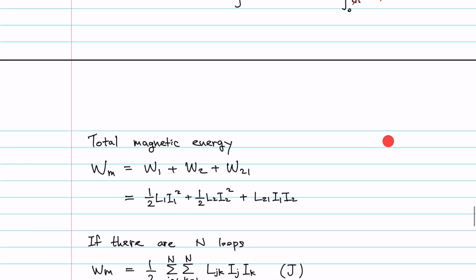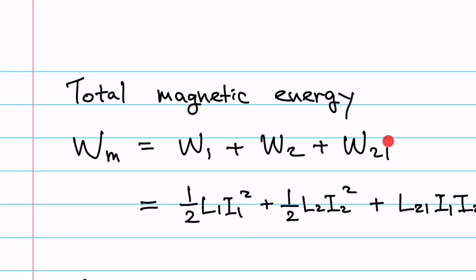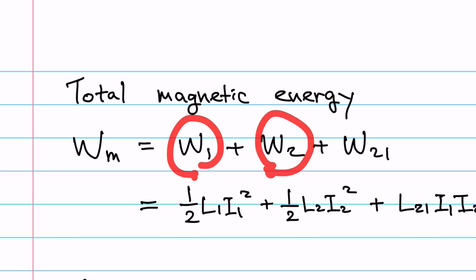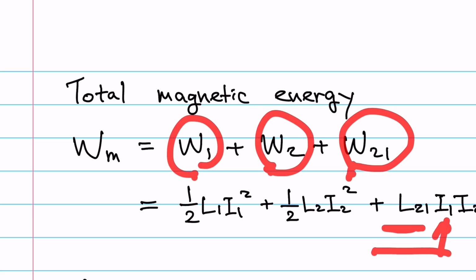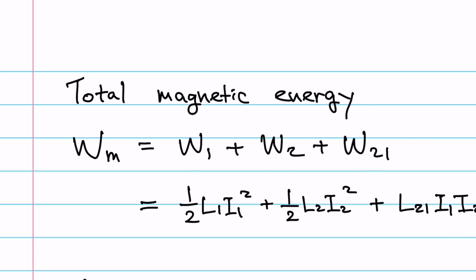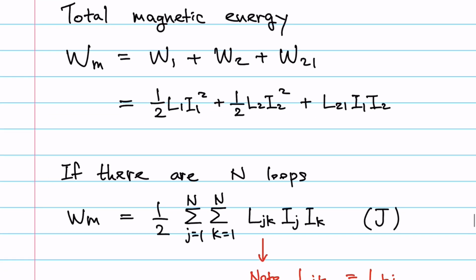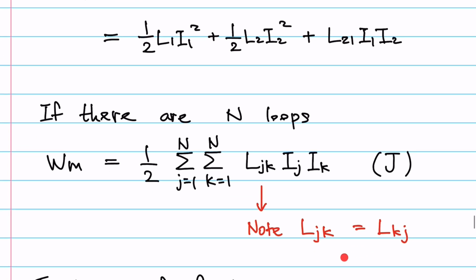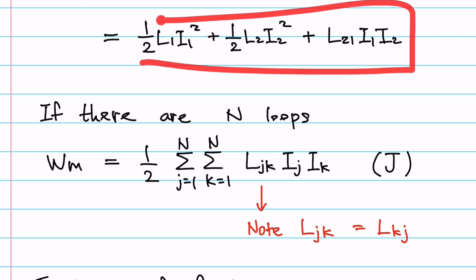So that said, the total magnetic energy is the self-magnetic energies W1 and W2 plus the mutual magnetic energy, which is L21 times I1 and I2. So instead of 2 loops, if there are n loops, this expression can be generalized and expanded to n loops.